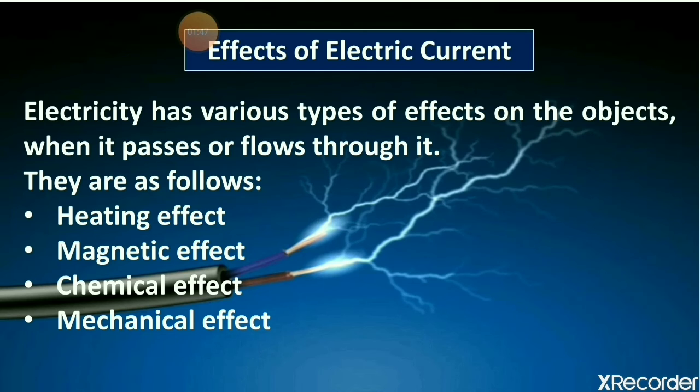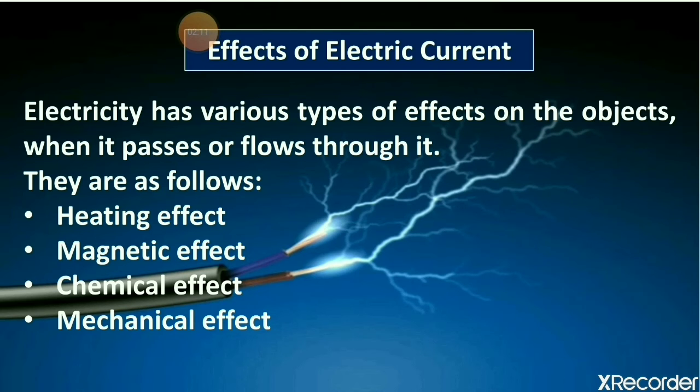These are the basic types of effects which are produced by electricity. In this class we will study about heating effect and magnetic effect produced by the flow of electric current, and chemical effect and mechanical effect of electric current will be studied in higher classes.